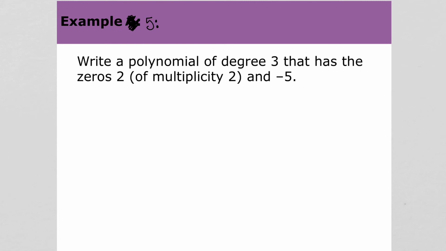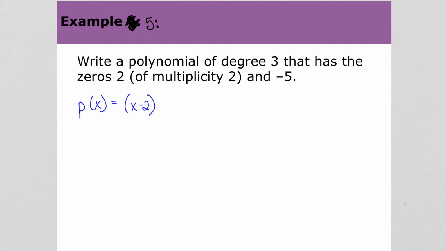For example 5, we're going to write a polynomial of degree 3 that has the zeros 2, which has a multiplicity of 2, and -5. If there's a 0 of 2, then that means there's a factor of x minus 2.